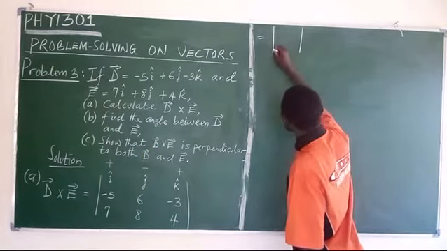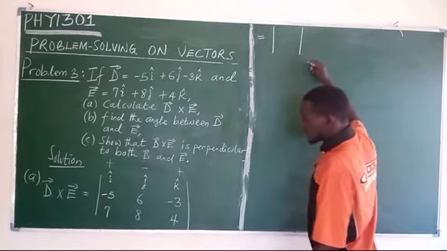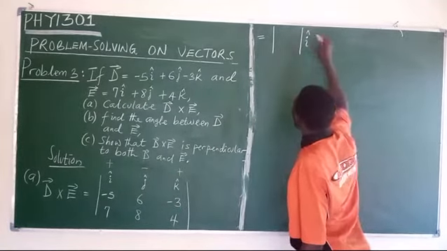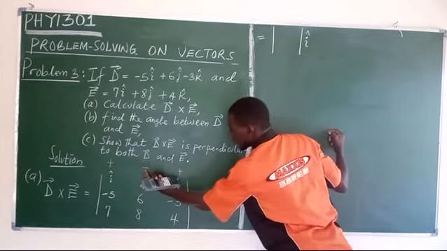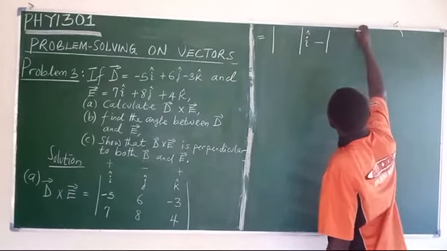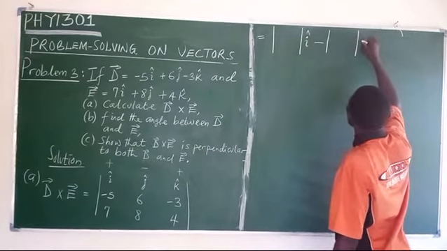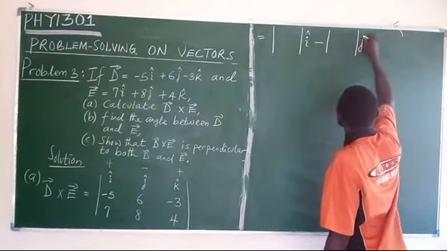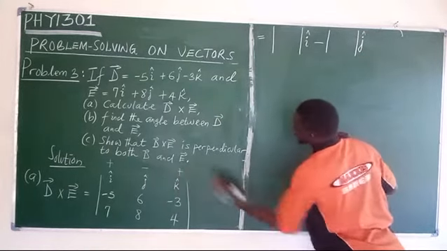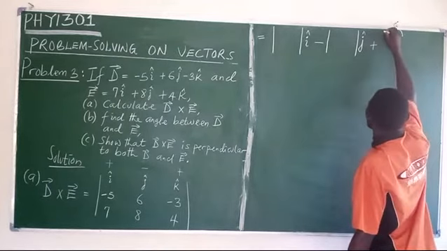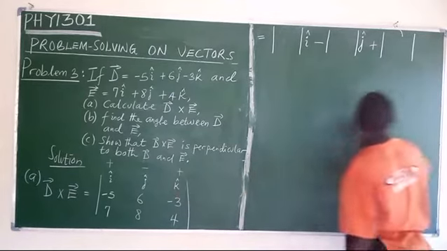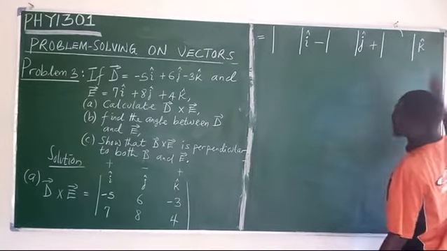You open a bracket like this, then you put this i hat. Next, you take this negative sign, place it here, and then you open another bracket, and then you can put this j hat. Finally, you take this positive plus, you open the bracket again, close bracket, and now you can put your k hat.